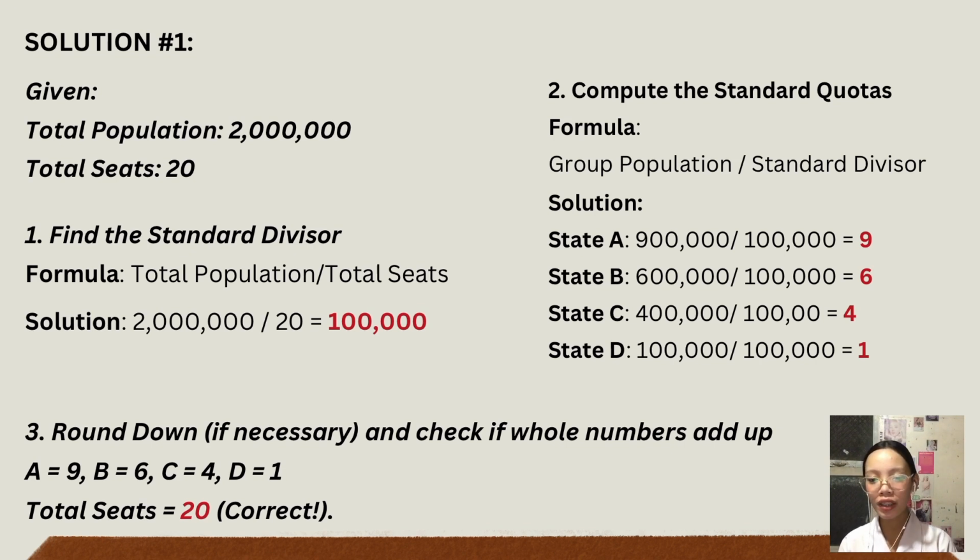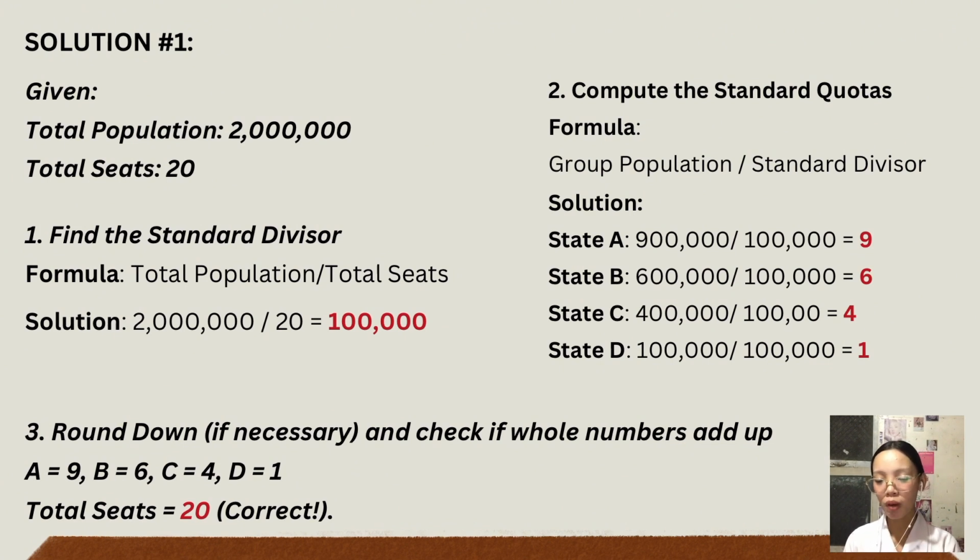After finding your standard divisor, you will then compute the standard quotas. The formula in finding the standard quotas is group population divided by the standard divisor. Based on our sample problem, there are 4 states: State A, State B, State C, and State D. State A has a population of 900,000 divided by the standard divisor, 100,000, which is 9.